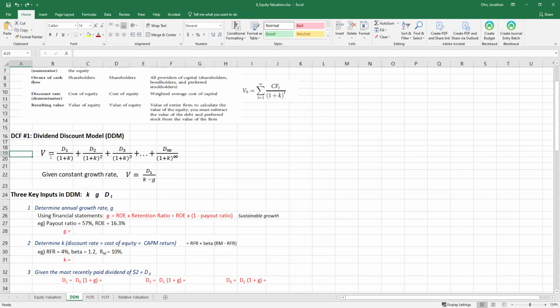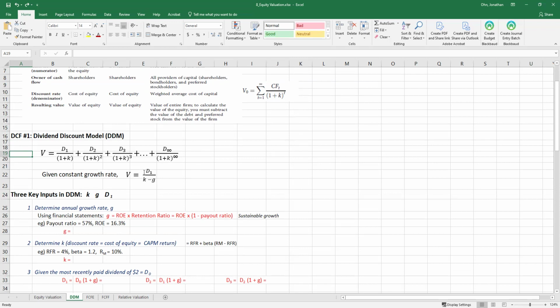Okay, so suppose we estimate that growth rate over time, assuming the growth rate is stable growth rate, then the whole valuation model comes down to this model.